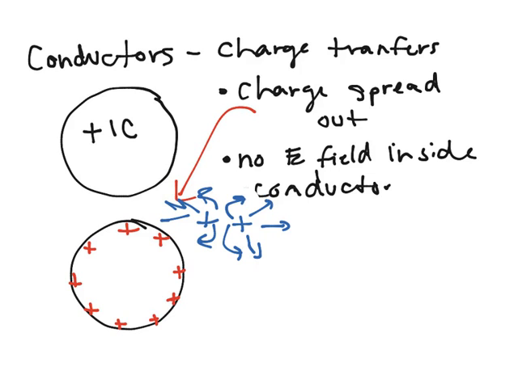So on a sphere or a conductor like this, sure, they're still going to produce a field, but since every direction but straight out is being covered by another positive charge, essentially your electric field is going to end up looking like this.